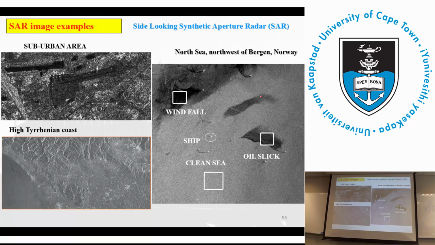But for certain applications, when you look for oil slicks, for oil spills, it's important to be able to do that. And there are techniques that allow you to distinguish this from the others. Typically, what we're trying to do is correlate the ship and the oil slick.